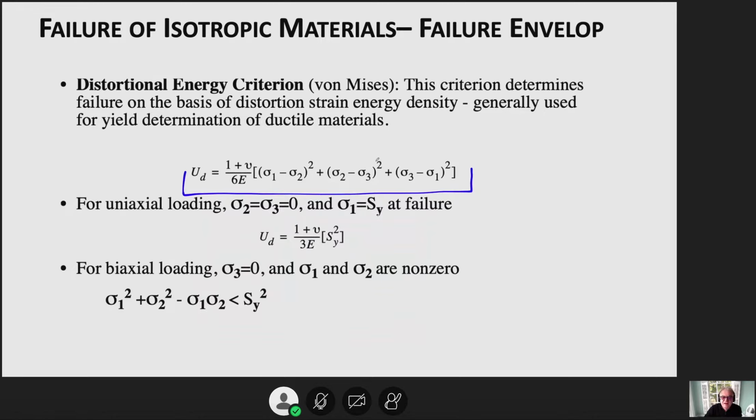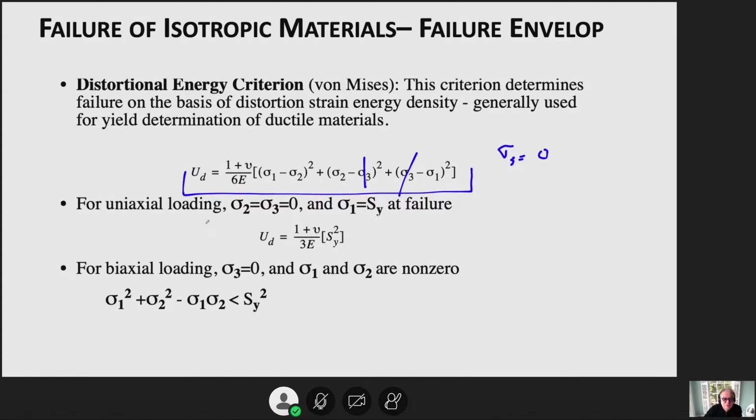For plane stress, sigma 3 will be equal to 0 and this term will disappear, and you'll get sigma 1 square plus sigma 2 square minus sigma 1 sigma 2, so you get the 2's in there.